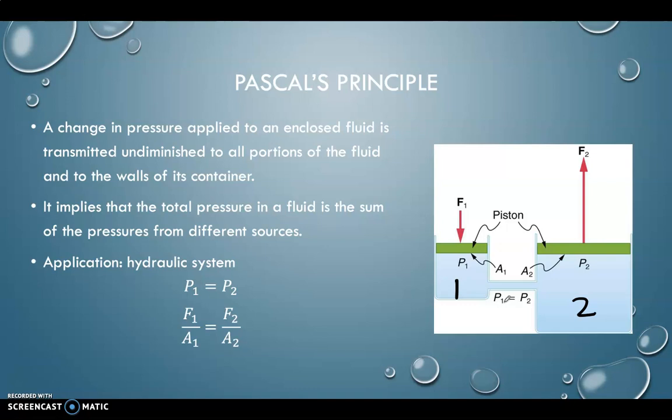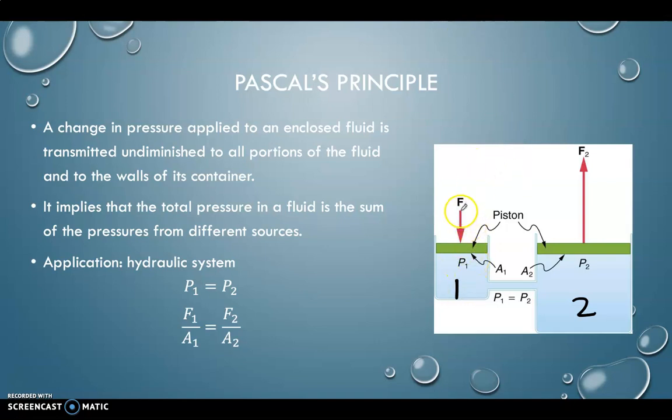And so, because of that, we can also say that the force of the first little area here over the area is going to be equal to the force over the area over here. Okay, so they're proportional, right? They are related to each other through this. Okay, so this is Pascal's principle.